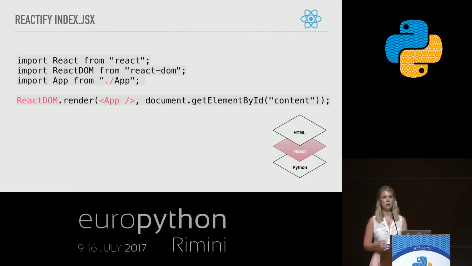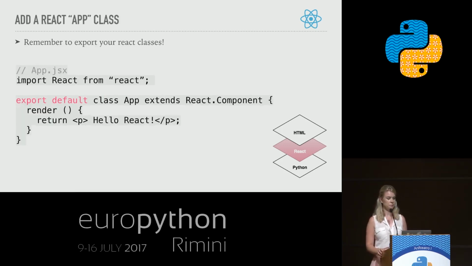This means I'm importing it from a local file that I've created instead of an external dependency. And you might think that being able to use brackets is kind of weird inside my JavaScript code, but this is essentially what JSX does. It allows you to use custom, effectively HTML tags with your own created classes. So the app here is effectively our entry point into this part of our React code, our application.